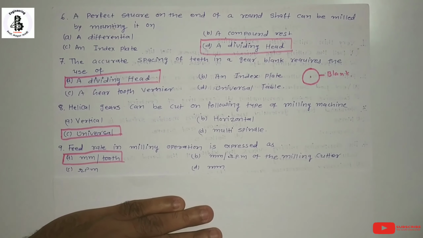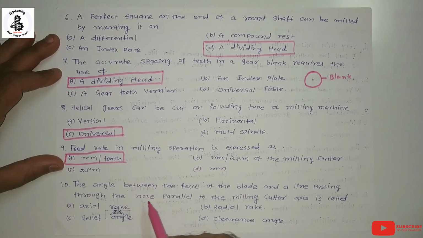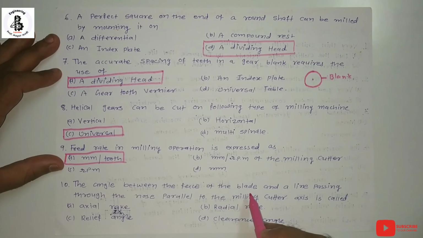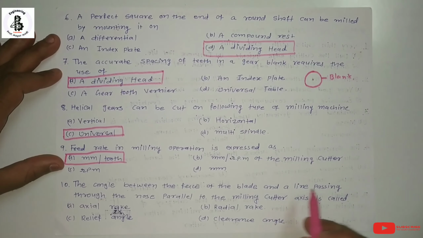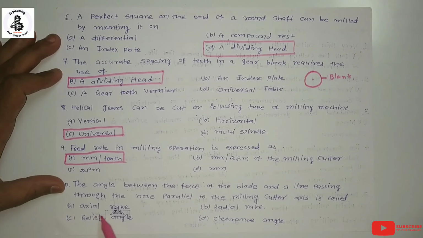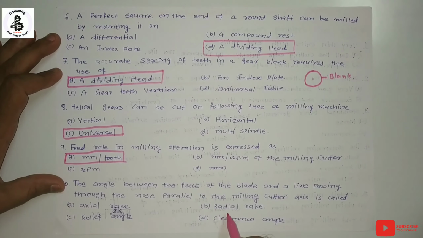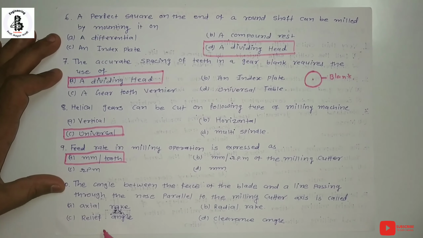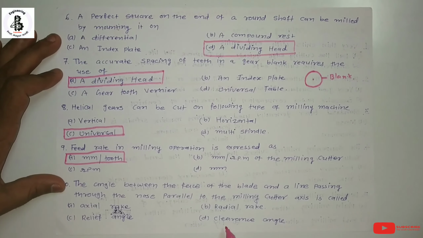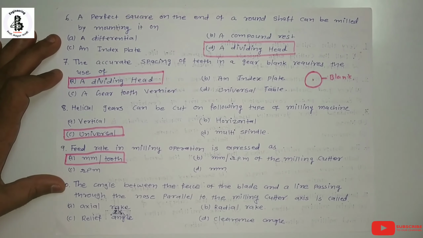The next question, the angle between the face of the blade and a line passing through the nose parallel to the milling cutter axis is called option A, axial rake. Option B, radial rake. Option C, relief angle. And option D, clearance angle.